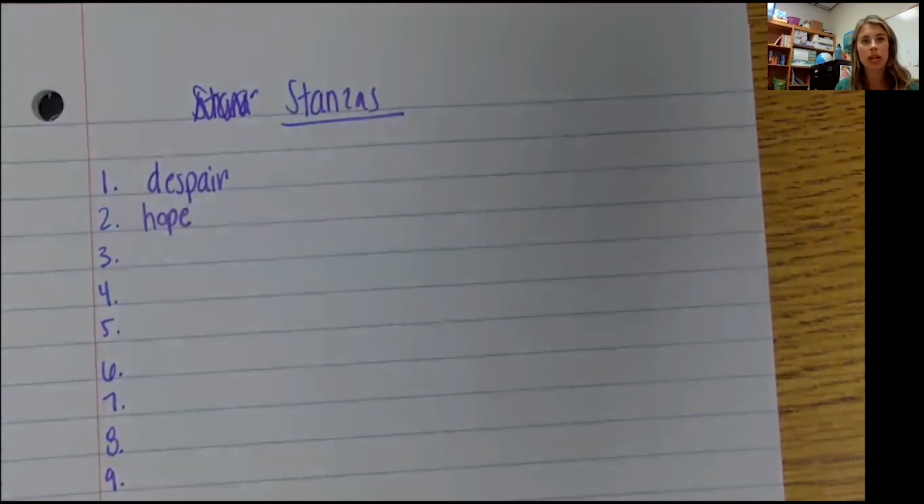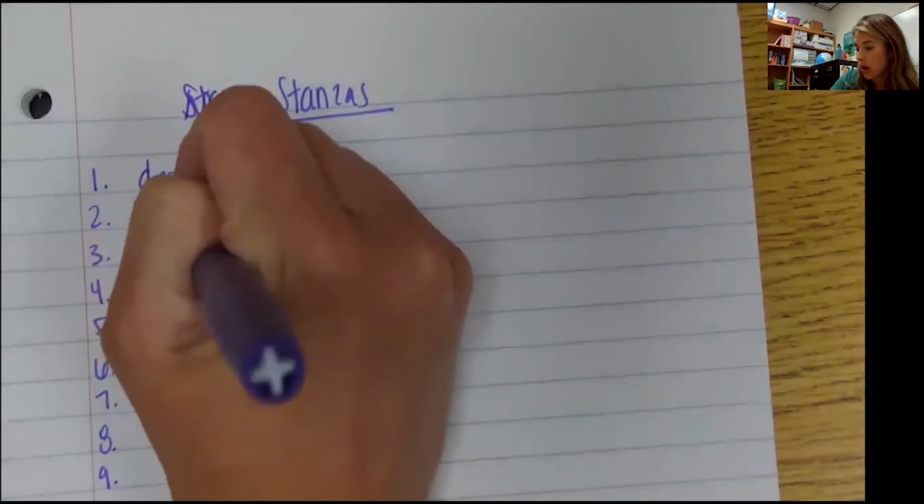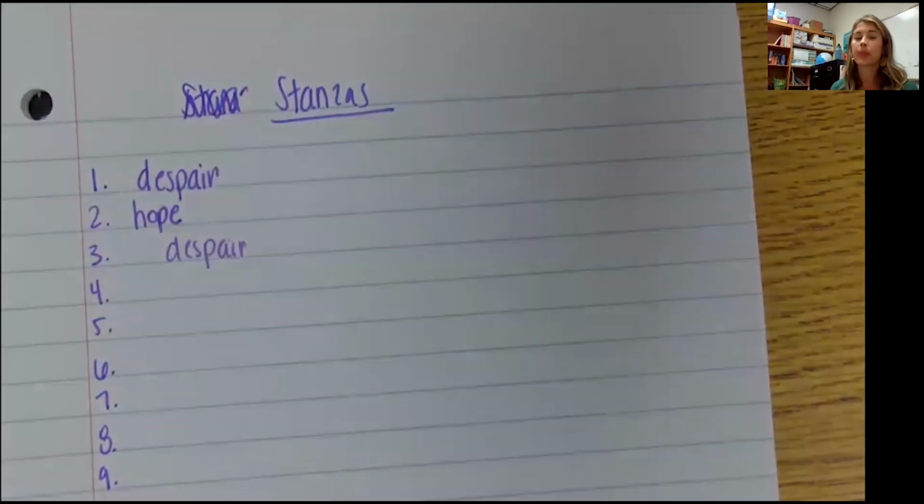What about stanza 3? Stanza 3, they're talking about how Blake and Flynn were not very good baseball players, and it's likely that Casey won't get up to bat. So I think it's a bit of despair. So we're going back to despair. What about stanza 4?